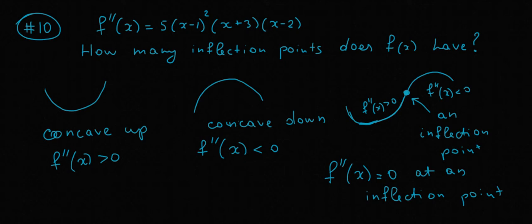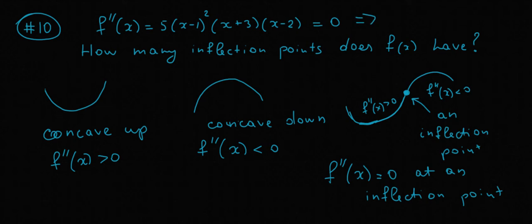But when we're looking for an inflection point, the first step is to calculate the second derivative, set it equal to 0, and solve for x. Now, in this problem, we are already given the formula for the second derivative, so we will just set it equal to 0 and determine the values of x for which that happens.